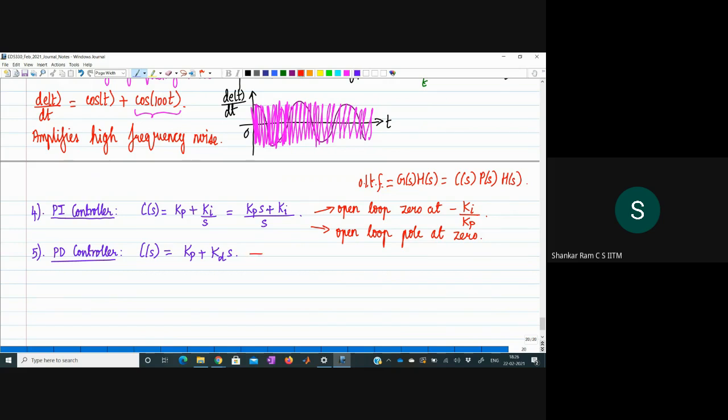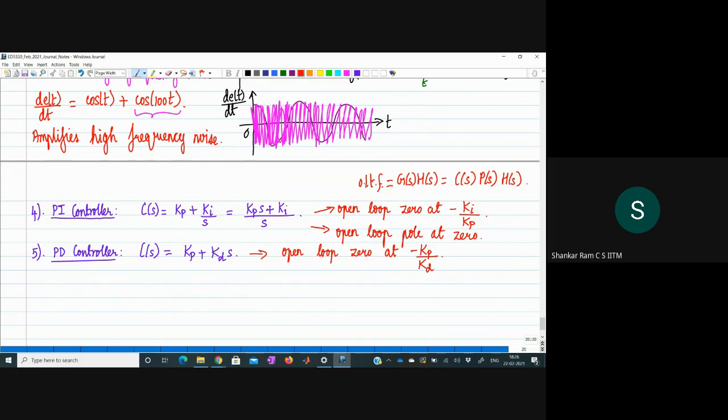You can see that as a standalone transfer function, it's an improper transfer function, because the order of the numerator polynomial is 1 and the order of the denominator polynomial is 0. So as a standalone transfer function, this is not proper. Here we have an open loop zero introduced at minus Kp by Kd. That's what happens with the PD controller. Once again, it's a two-parameter controller.